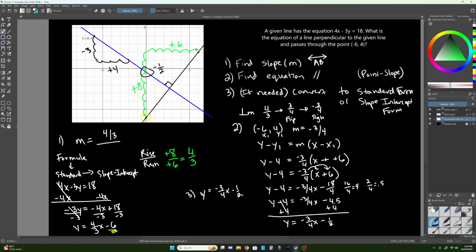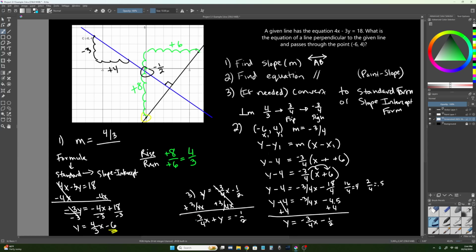And so again, if you're trying to get that into standard form, add that 3/4 x on both sides. Those cancel each other out, so I get 3/4 x plus y is equal to negative 1/2.